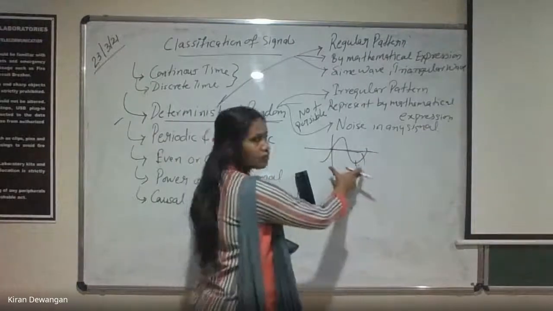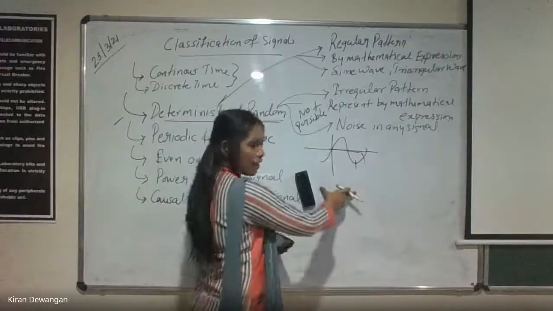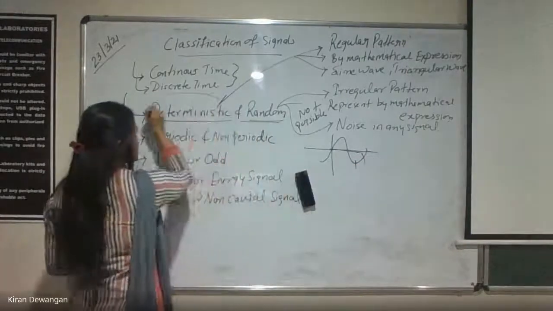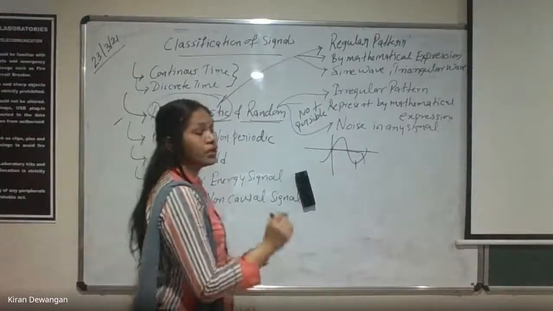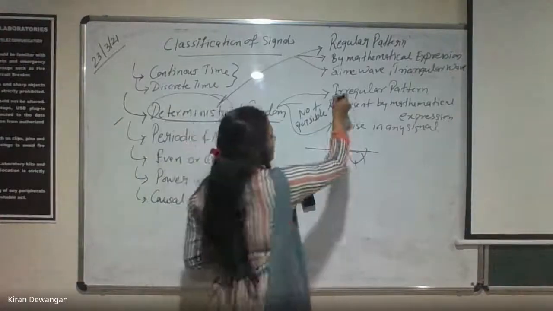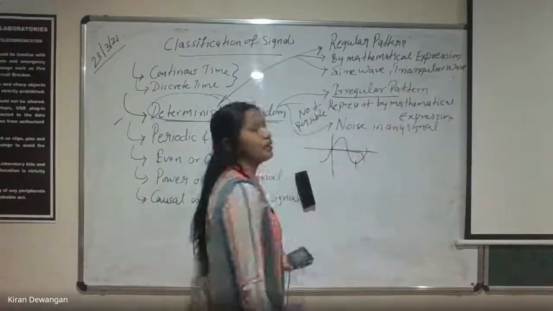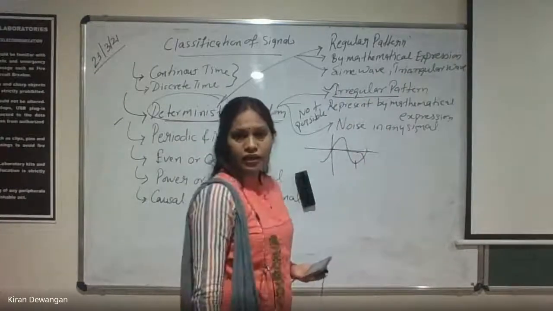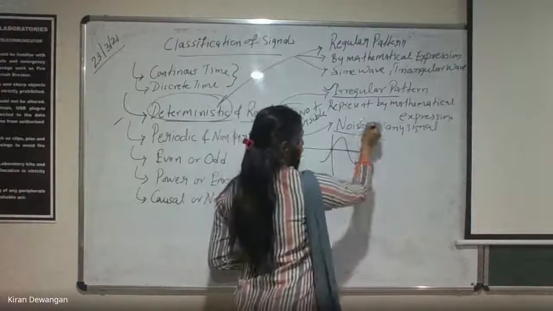It is easy to calculate these values, these parameters at any point of time for deterministic signals. But if we talk about the random signal, it is basically having an irregular pattern. इसका जो पैटर्न रहता है वो बिल्कुल रेगुलर नहीं रहता है. It is a kind of a noise signal.